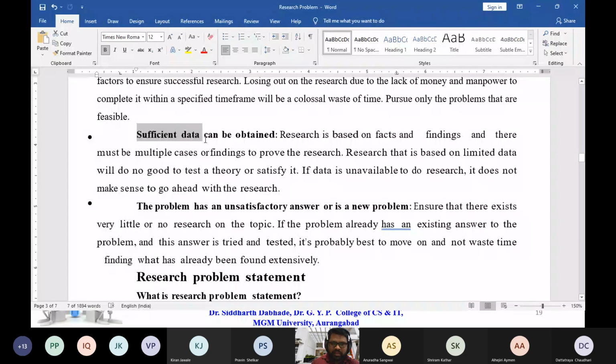Another thing is that sufficient data can be obtained. Okay. So if you don't have sufficient data in your hand and you want to do the research work, then it is not possible, because you don't have the data related to your research domain and you are depending on another factor.